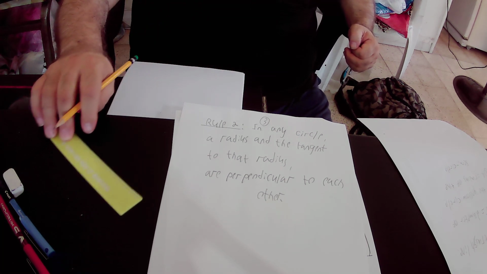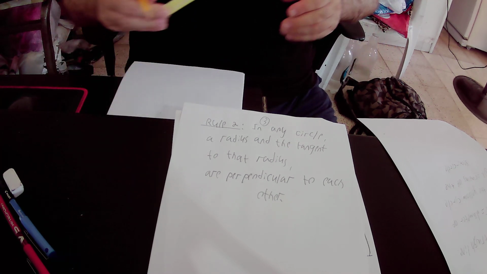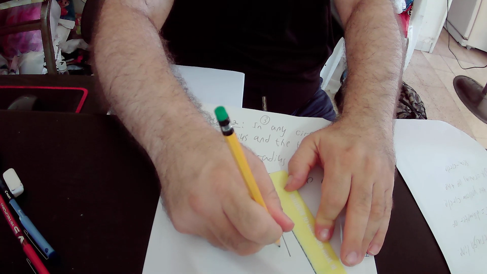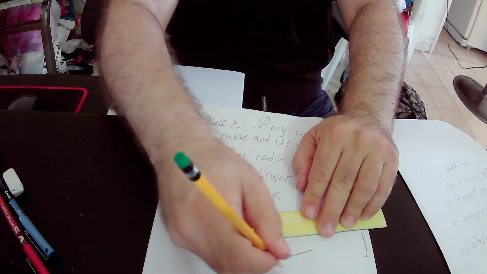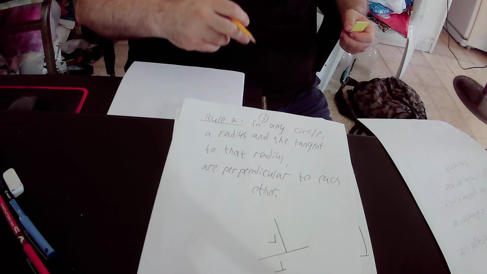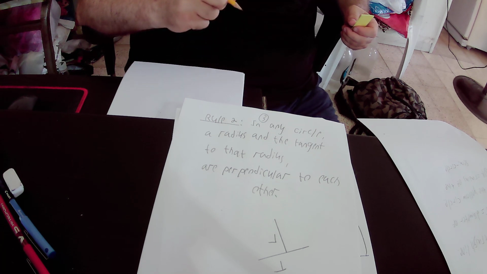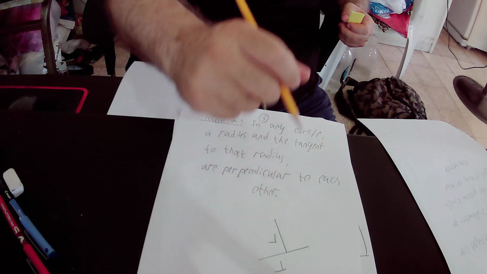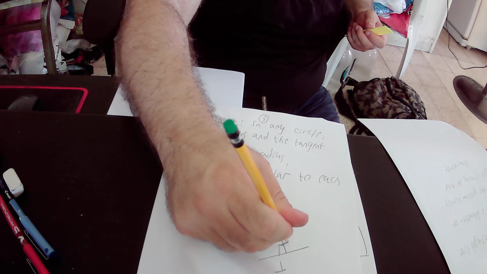Now I will explain rule number 2. Rule number 2 states that if we have a radius, let's call it R, and we have the tangent to that radius, let's call it T, then the radius R is perpendicular to the tangent T. That is to say, this angle equals 90 degrees, and also this angle equals 90 degrees.